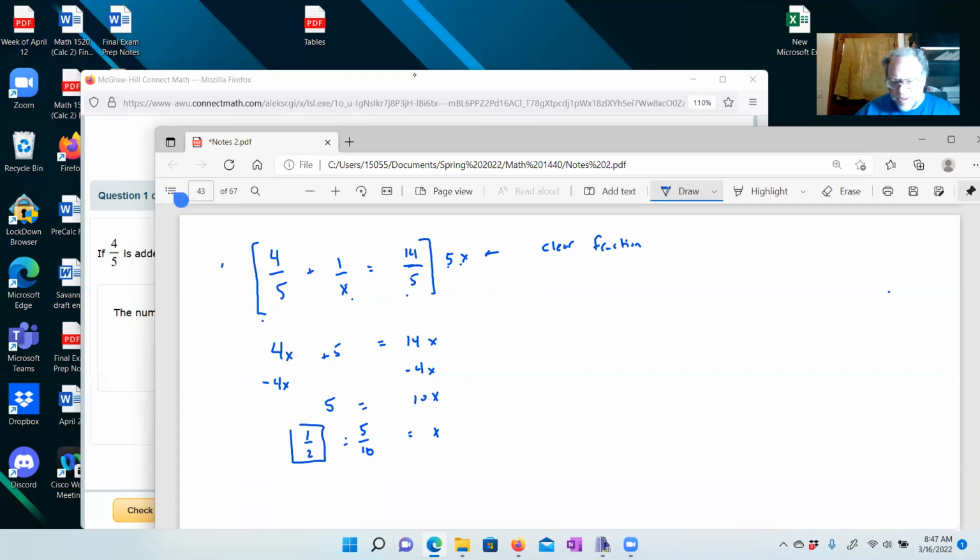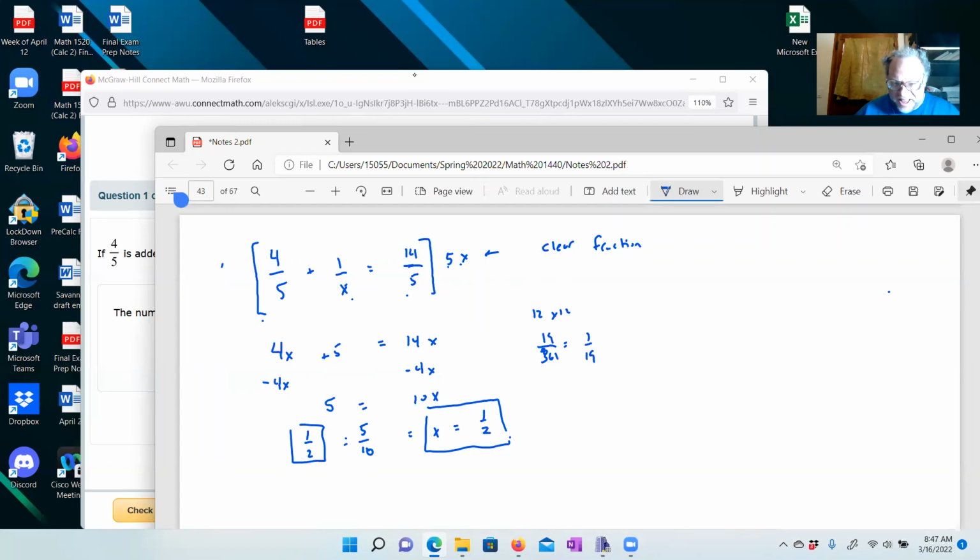A lot of times in my statistics classes, they'll get 5/10 and I'll just leave it there. Really? You can't tell me half? So you want to reduce. If it's in your 12 by 12 multiplication tables you learned in elementary school, you should reduce. If it's like 19 over 361, I'm not expecting you to know that 19 squared is 361 and this reduces.